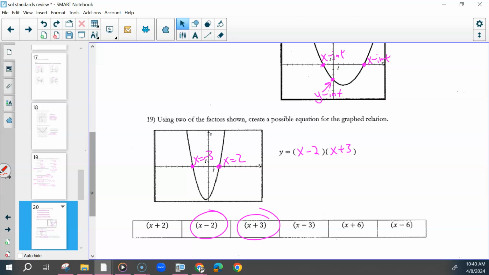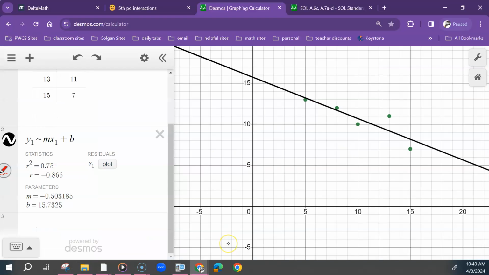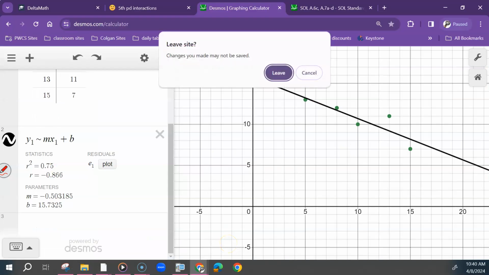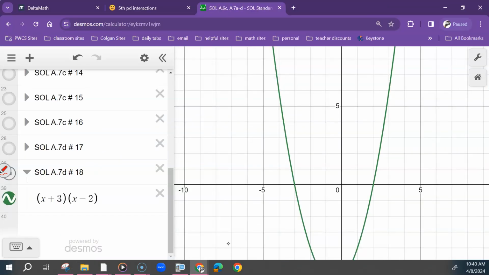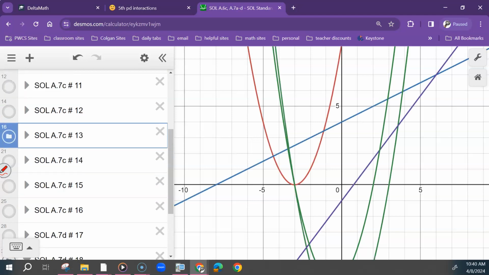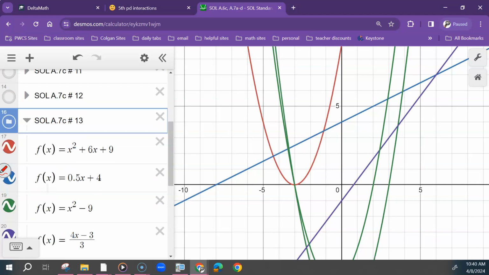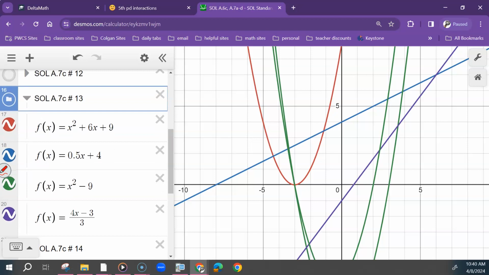I'm going to show you a couple of these in Desmos, and then I'll tell you what the next section is of 2. So this is 17. This is the one that asked about distinct zeros, the 2 distinct zeros.